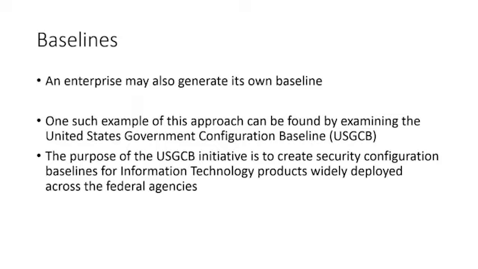Now, an example of an approach found by examining the United States government configuration baseline. So they established their own baseline, the USGCB. Now, the purpose of this initiative was to create a security configuration baseline for IT products widely deployed across federal agencies.